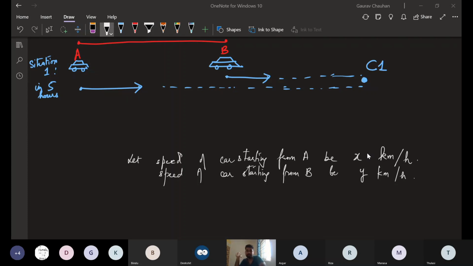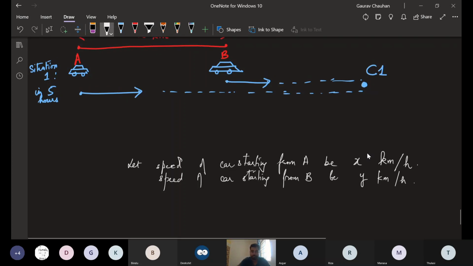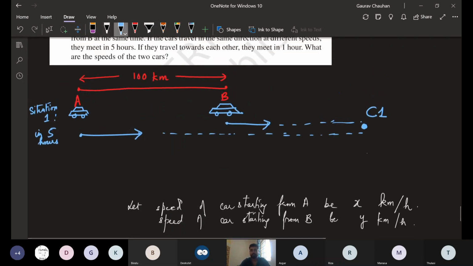My question is open to you guys. Listen to this question very carefully. How much distance would this car have covered in 5 hours? Car which is starting from B, its speed is y, it has spent 5 hours. How much would it have traveled? What is the distance it would have traveled?